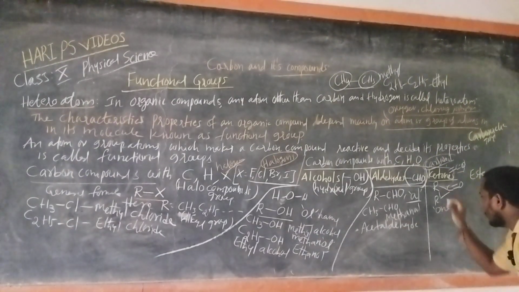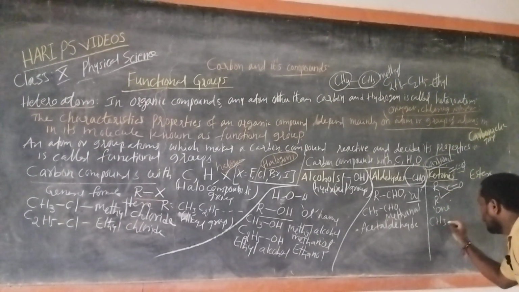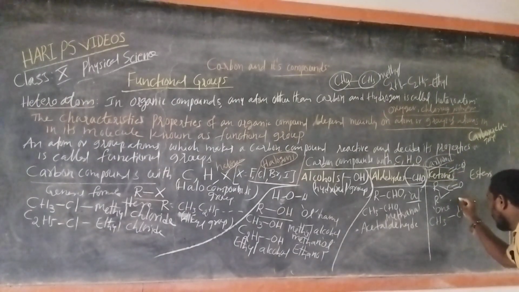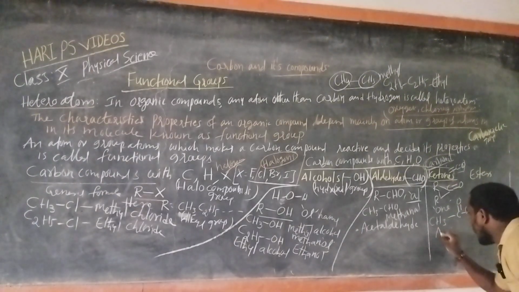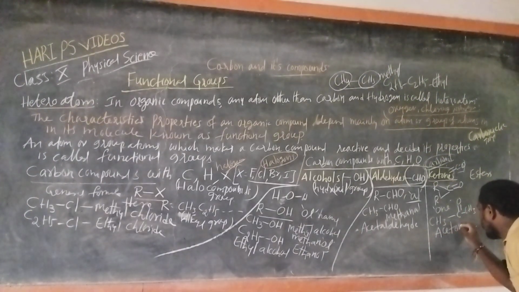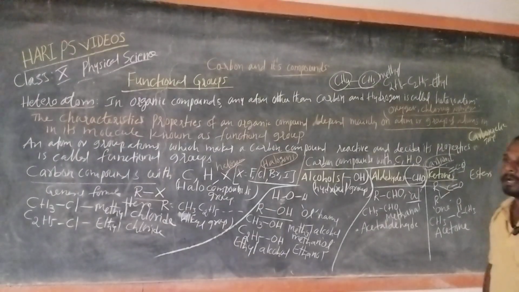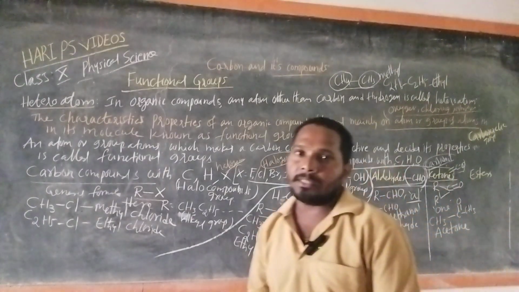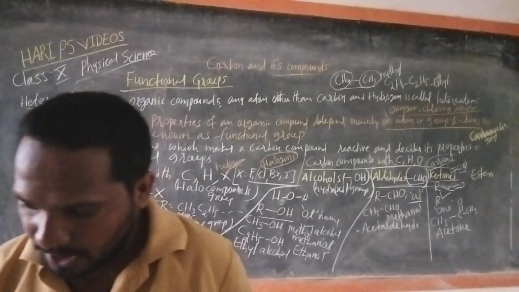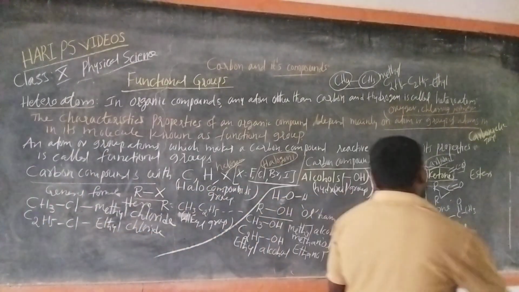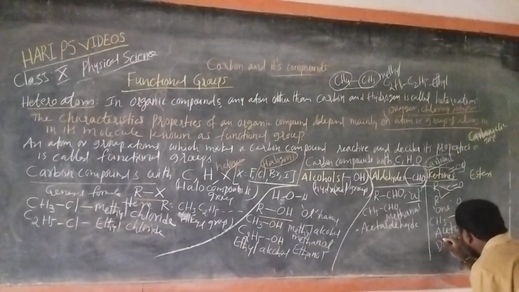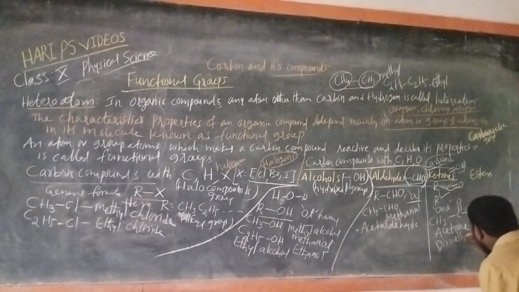Then if it is CH3, C double bond O, another CH3, this is called acetone, or dimethyl ketone.